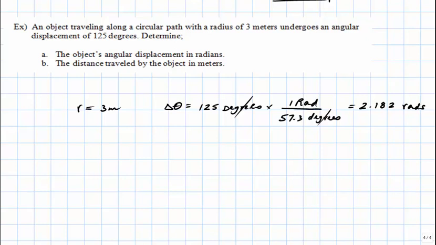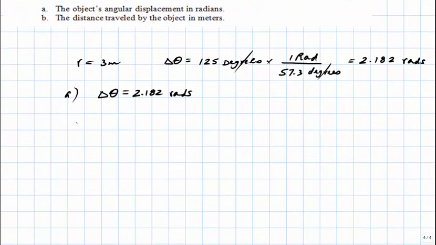And so by conducting this conversion, we've also answered part A. So the solution to part A is delta theta equals 2.182 radians. In part B, we would like to determine the distance traveled by the object.